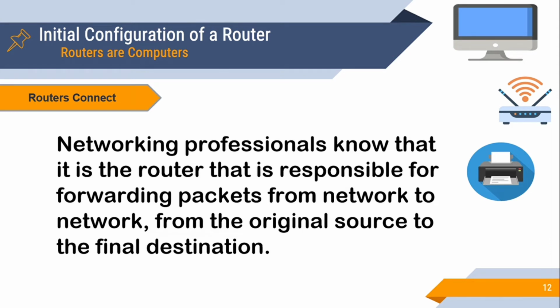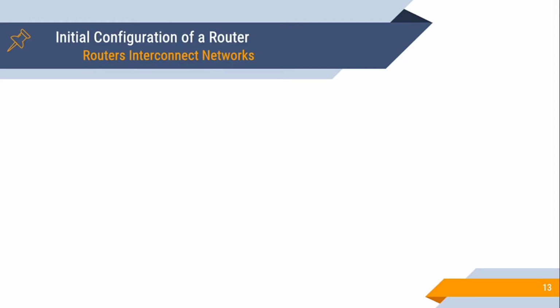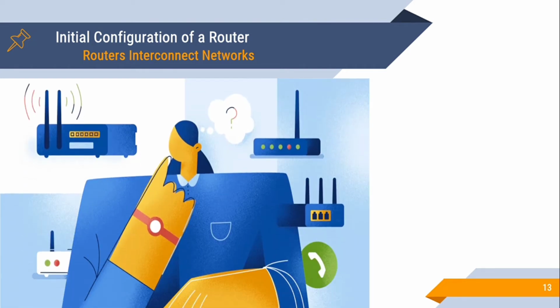Networking professionals know that it is the router that is responsible for forwarding packets from network to network, from the original source to the final destination. Most users are unaware of the presence of numerous routers on their own network or on the internet.